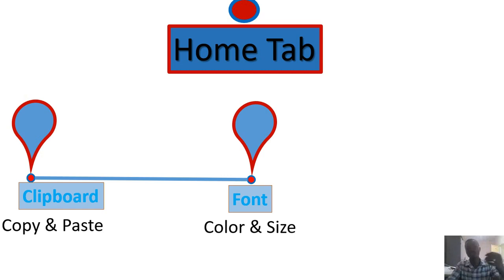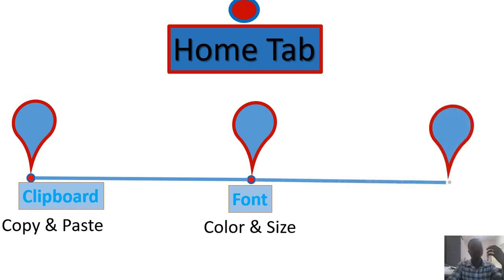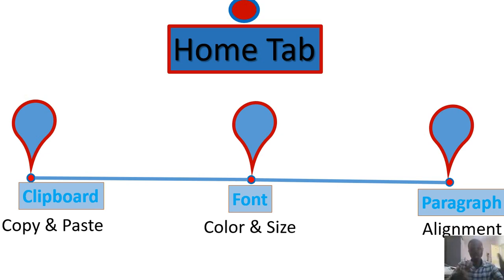Same applies to the size. And then we talk about the paragraphing, which allows you to align the text to the right, to the center, or to the left. So that's text alignment. You can also align other objects that may exist within your slide.